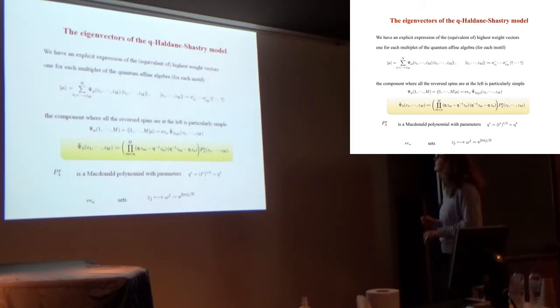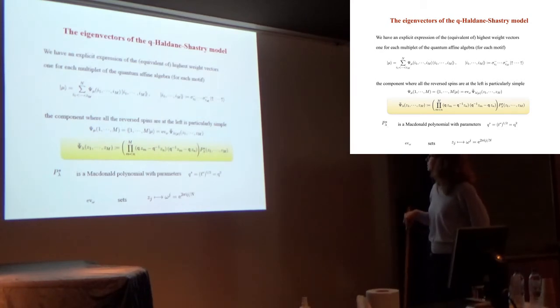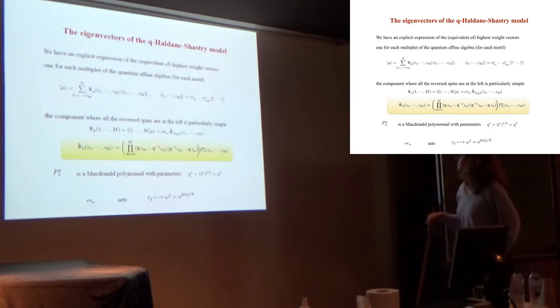I'm sorry. So this method, the relationship of the McDonald operators and the degenerate Hecke algebra with the double affine Hecke algebra, can also be used to determine the eigenfunctions.